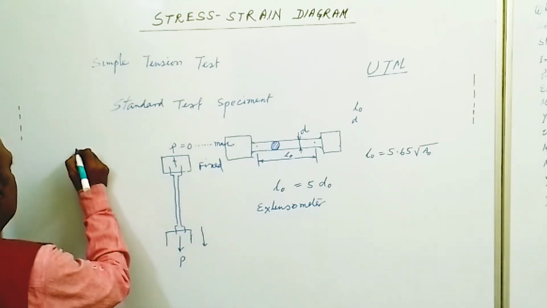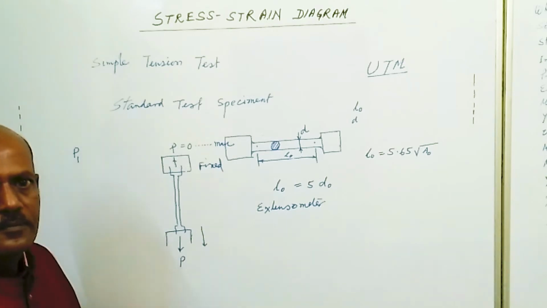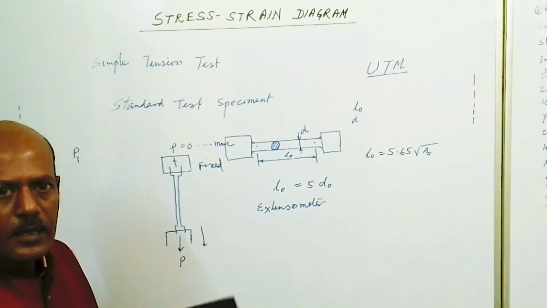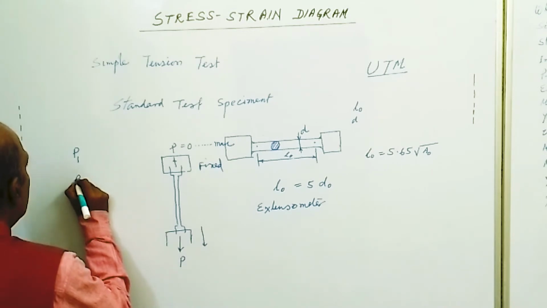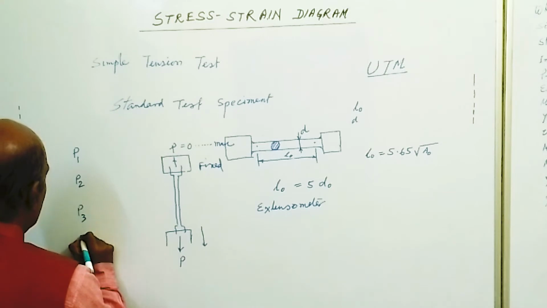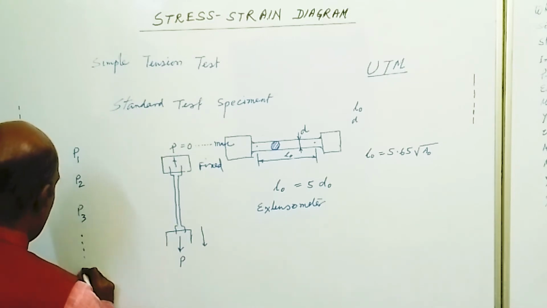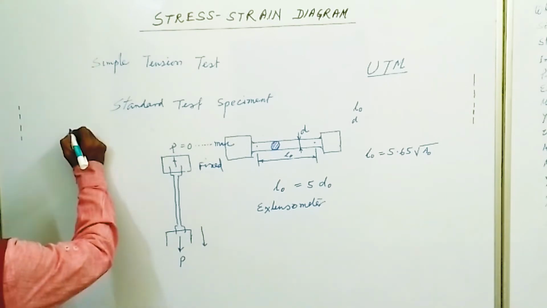Say initially the load applied over the body is P1, and P is gradually increasing. The second point we have noted is P2, then P3, and so on, and at last we have noted the load Pn.